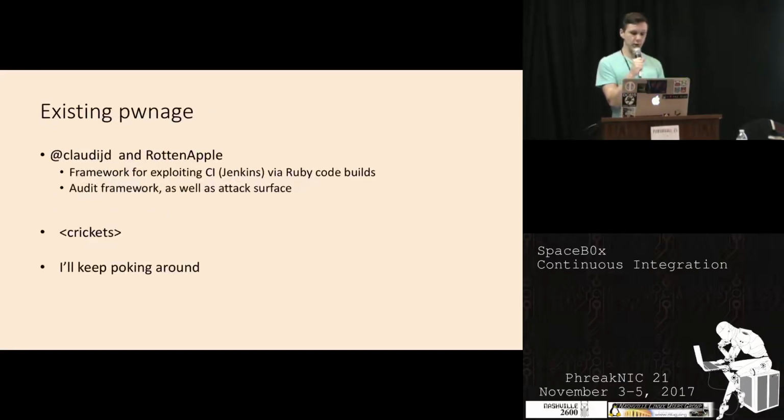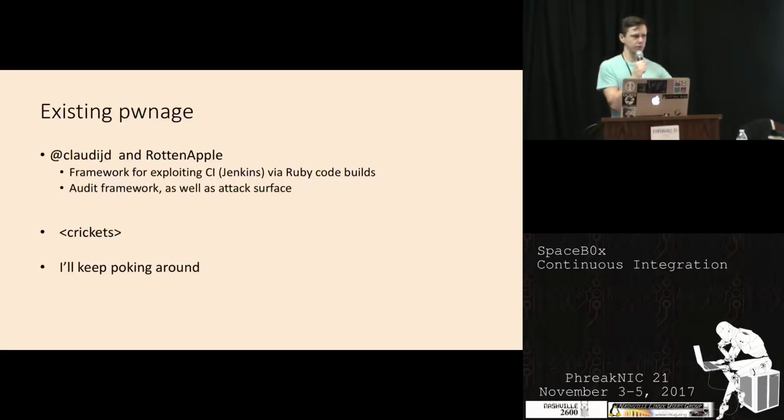Before, there was an older project by, I think, Jonathan Claudius. I think he was at Mozilla. I'm not sure where he is now, or maybe he's at Mozilla now. But in his spare time, he did this project called Rotten Apple. It was written in Ruby, and it did kind of what I tried to do with my exploit framework, to an extent.